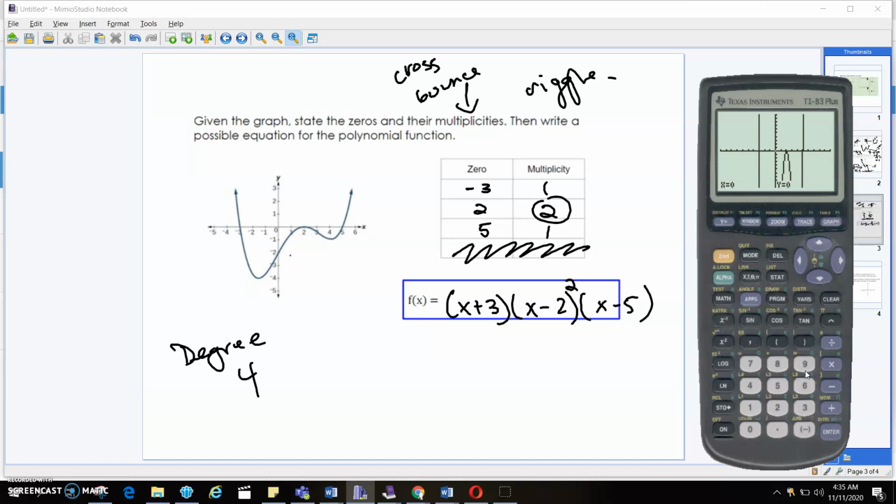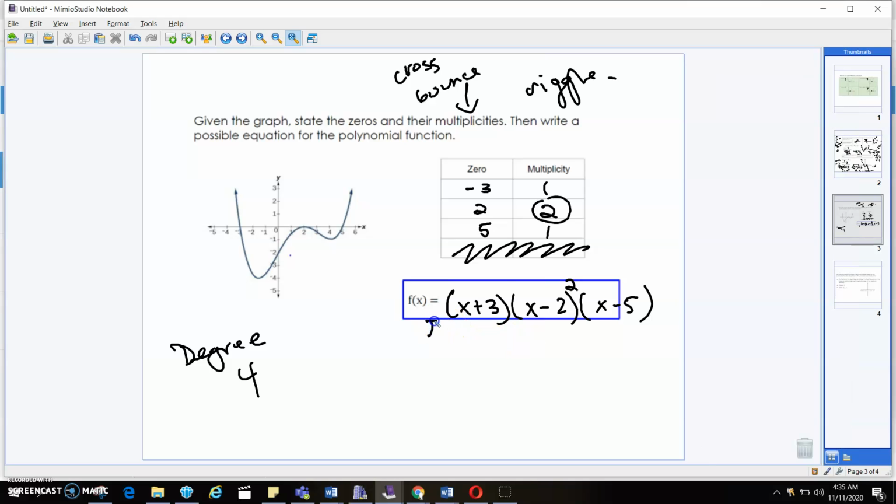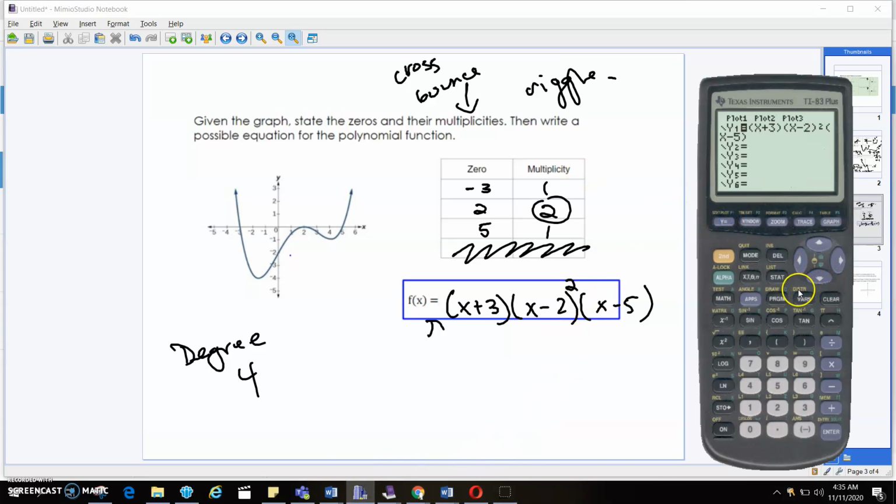All right, so it's something kind of similar. Now, this is stretched a little bit more, so I'd probably look at trying to compress this a little bit. So the number out front would probably change, like length, if you will. So, I mean, we could throw in a 2 out front. So I'm going to insert a 2 out front. And I want to see what that does to my graph.